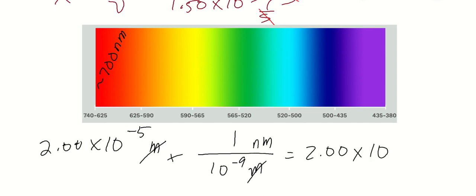Negative 5 minus a negative 9 is plus 9, so that's going to be 4. So in nanometers, about 20,000 nanometers. Well, 20,000 is way over here compared to red light, so we're looking at probably the infrared or maybe even the microwave range.